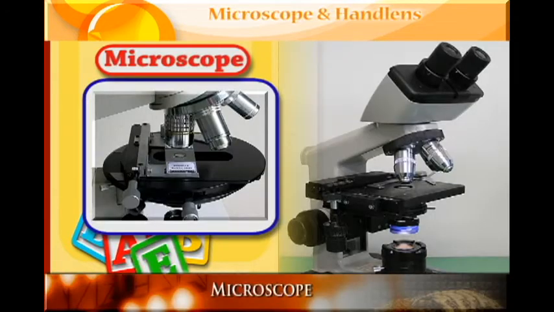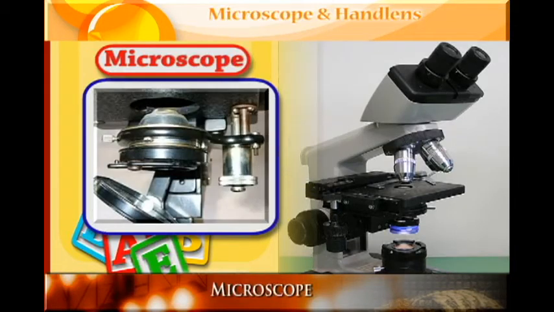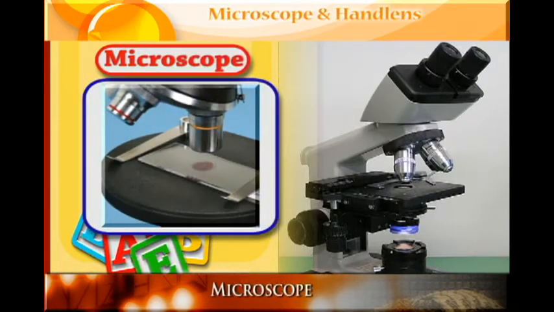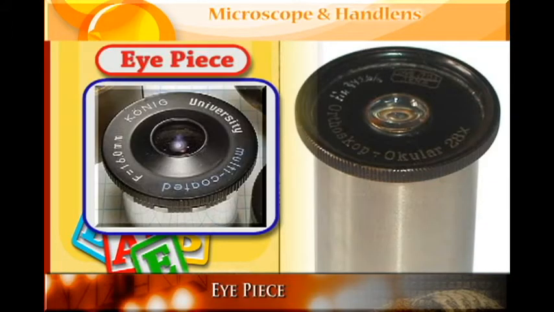Then we can now come to the microscope. There are different types of microscope, but at this moment we just want to look at the parts of a microscope and the functions of those parts. The microscope has different parts. It has the eyepiece.